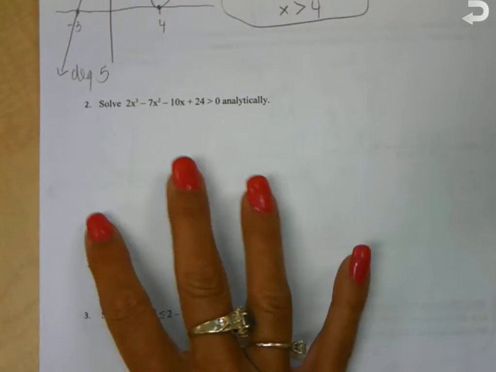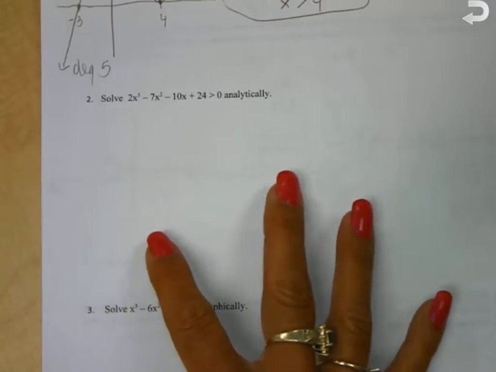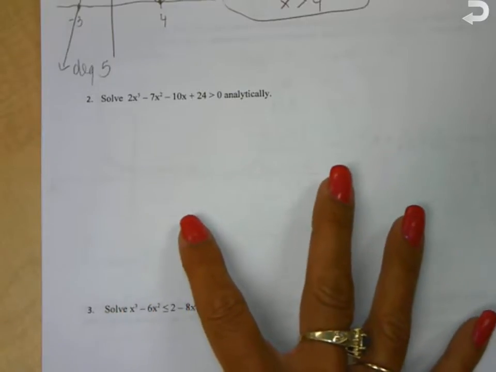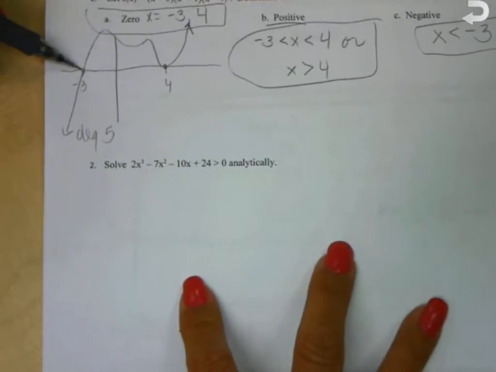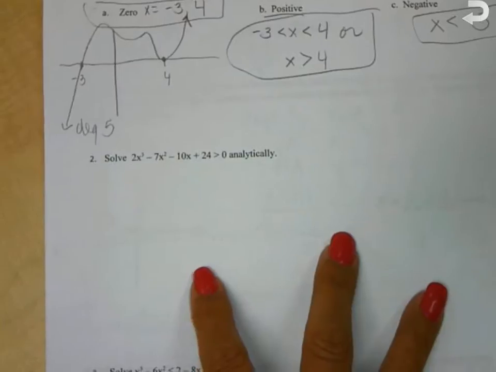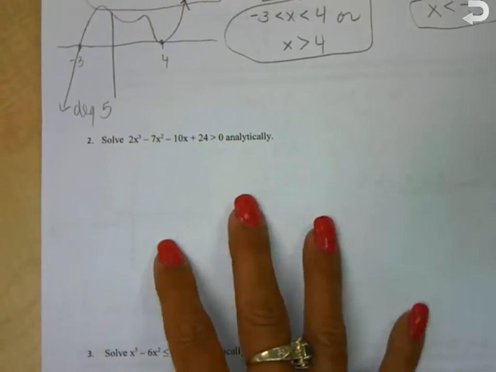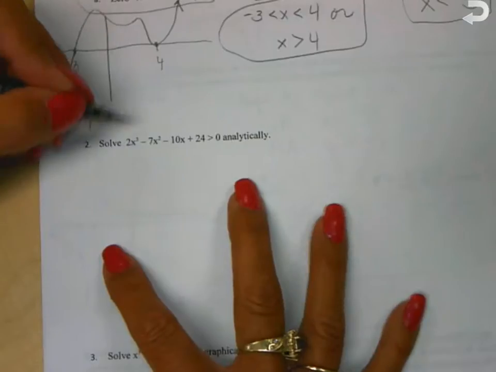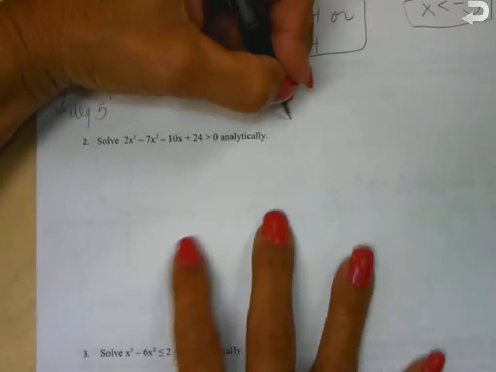Now, it depends on the question, if I had a calculator to describe this, I would actually graph the polynomial on my calculator and then identify where it crosses the x-axis and look at it just like up here, find out what x values cause the y-coordinate to be positive. But let's say I don't give you a calculator. If I don't give you a calculator, then you're going to need to identify how to factor this.